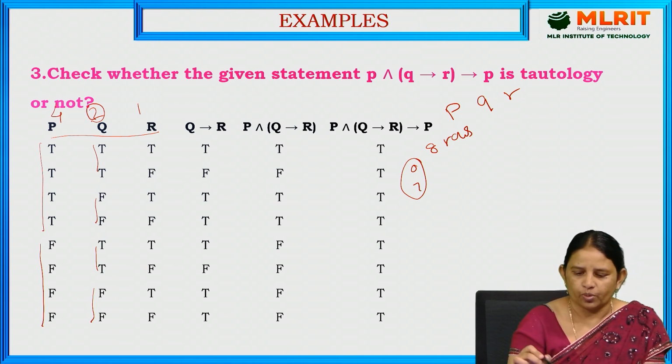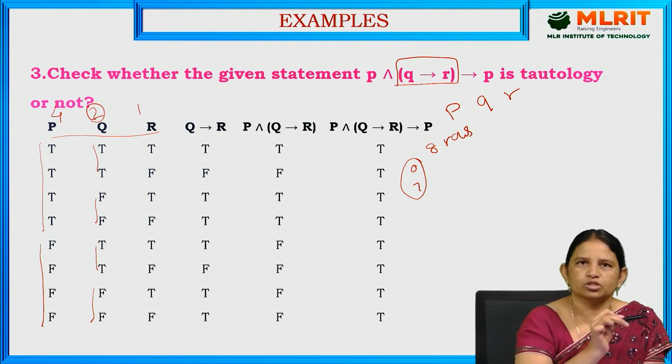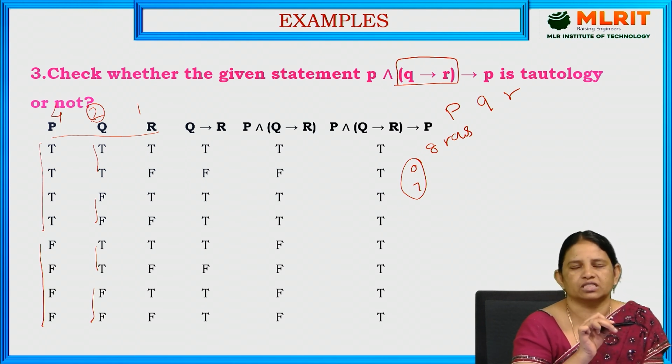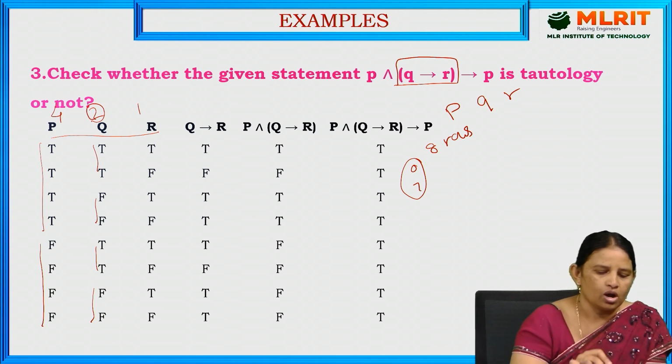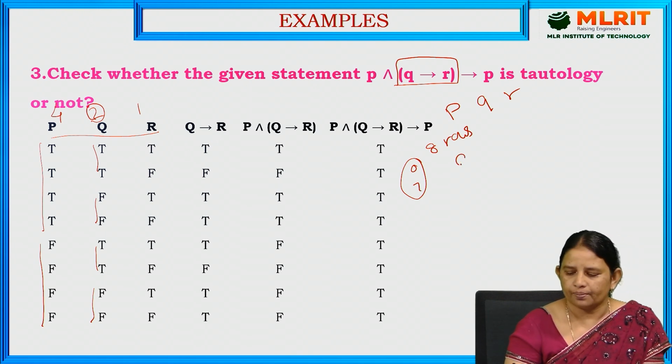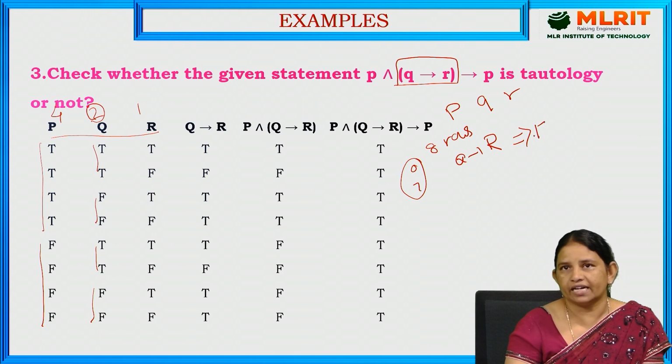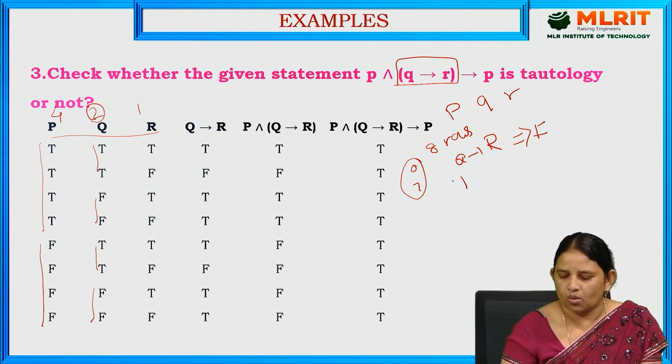First we need to evaluate the innermost proposition, that is Q implies R. When the first is true and the second is false, it returns false.